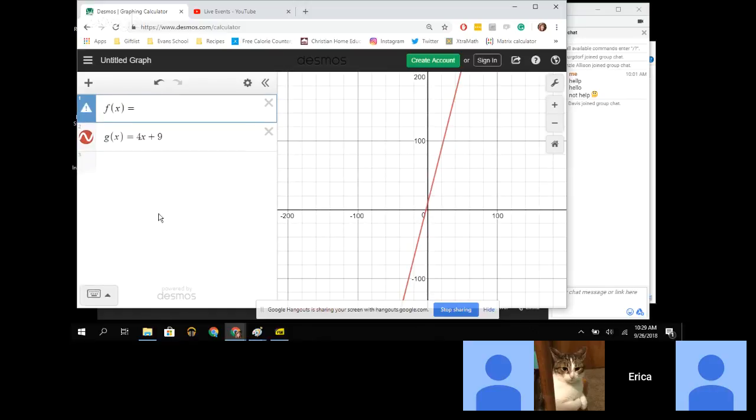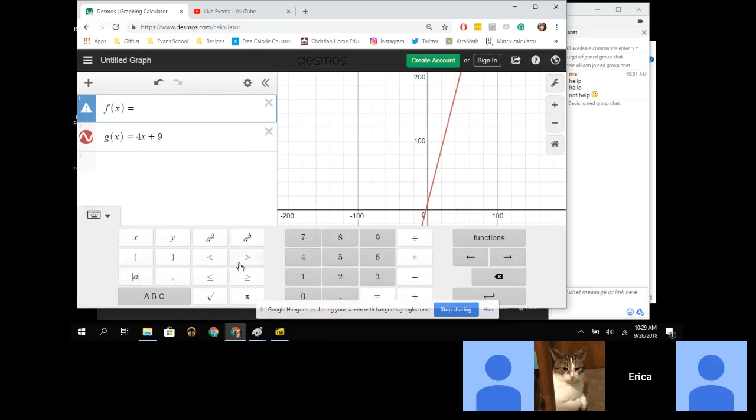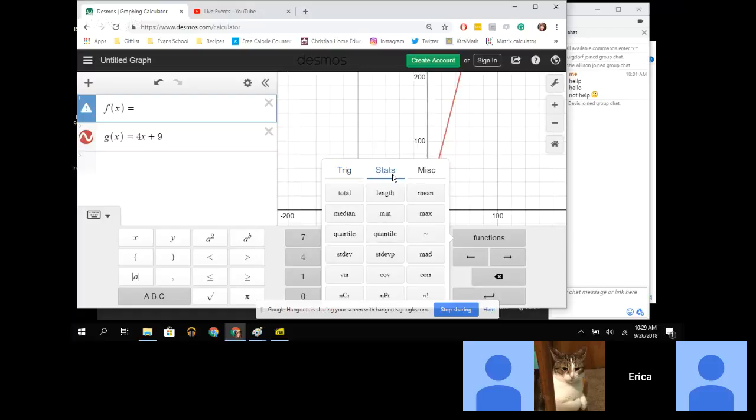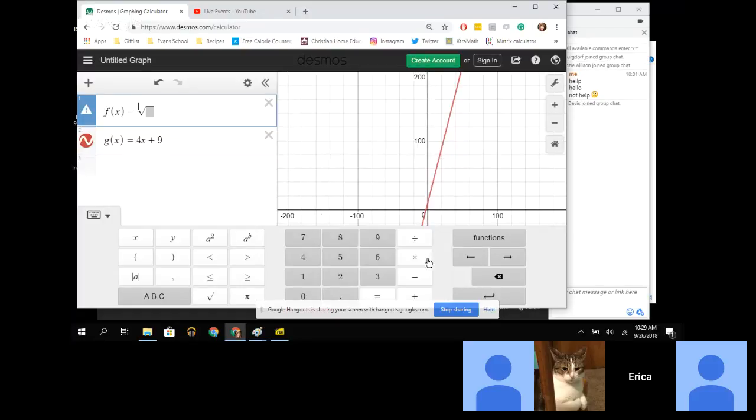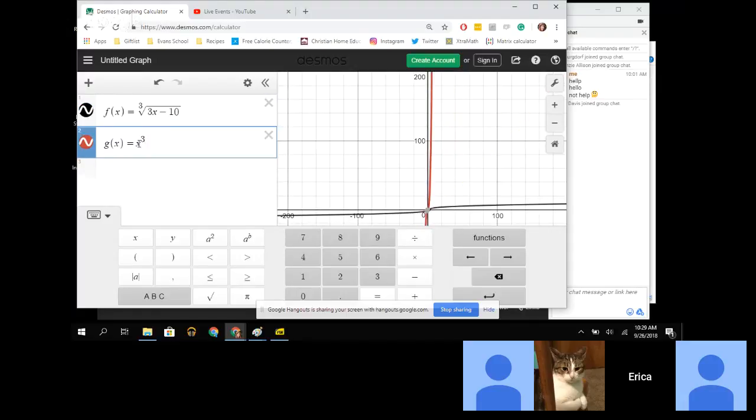So number 14 is f of x equals the cube root of 3x minus 10. Okay. And then we have g of x is x cubed plus 10, and this whole thing is divided by 3.